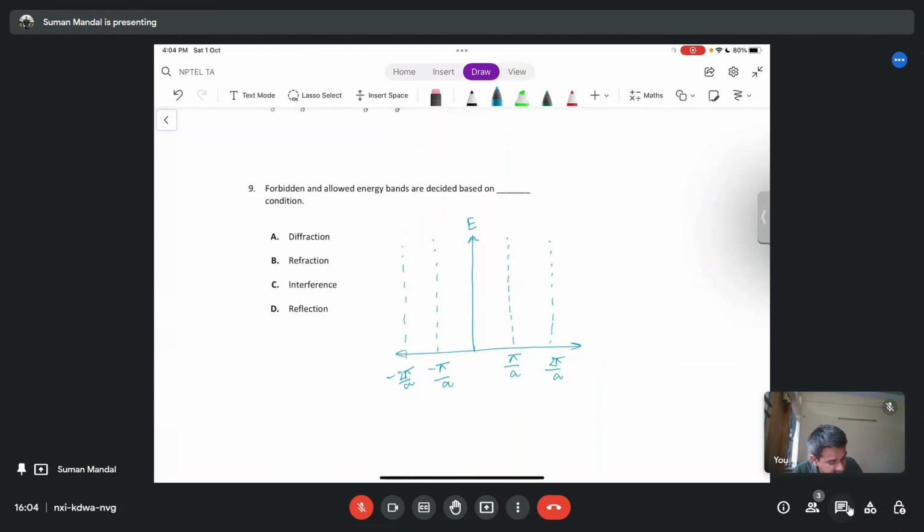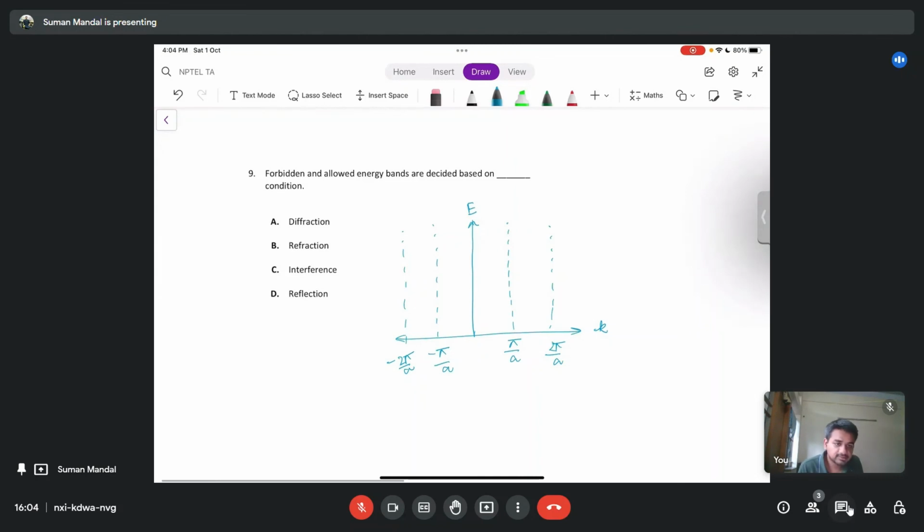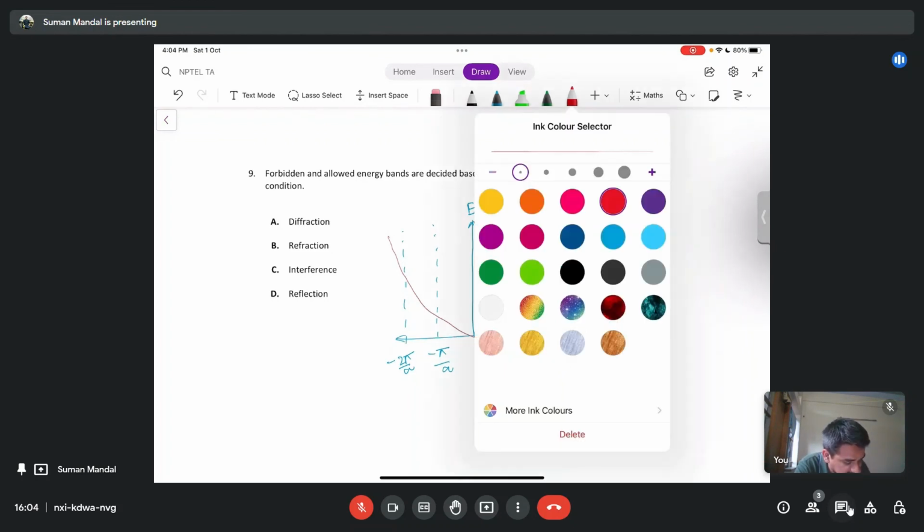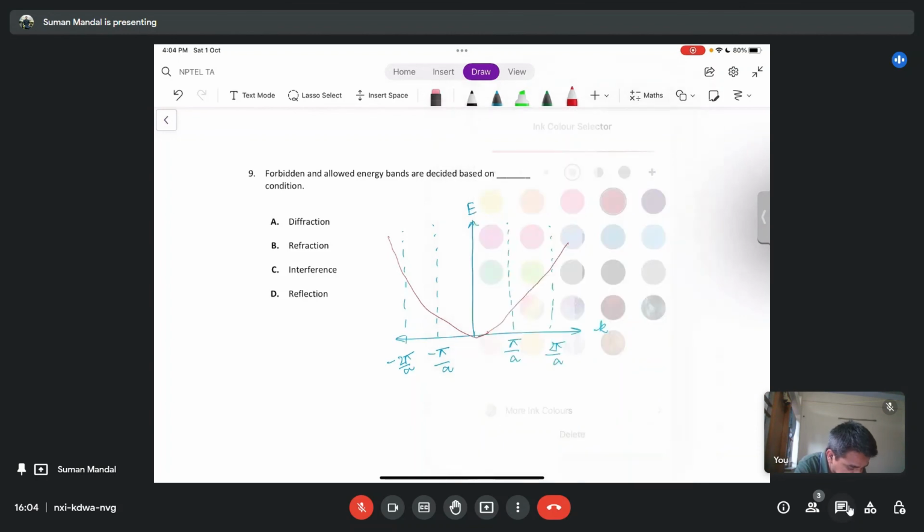The axes are energy and the crystal momentum, sorry, the wave vector. If there was no diffraction, it would look something like this, a parabola. But because of diffraction, it instead appears something like this.